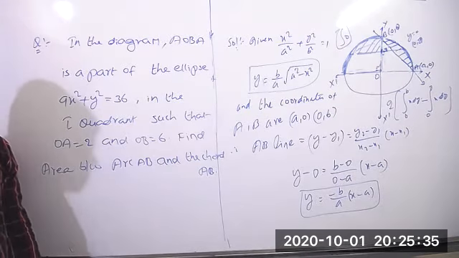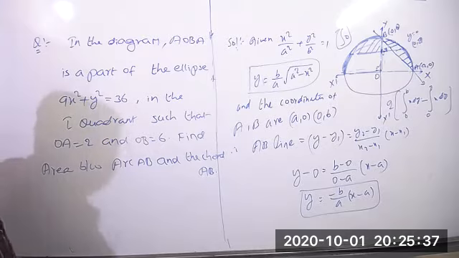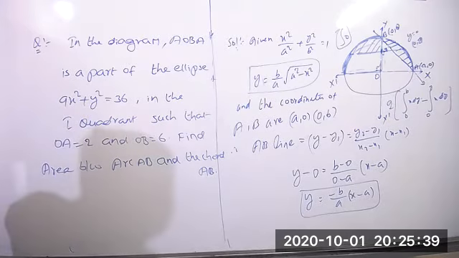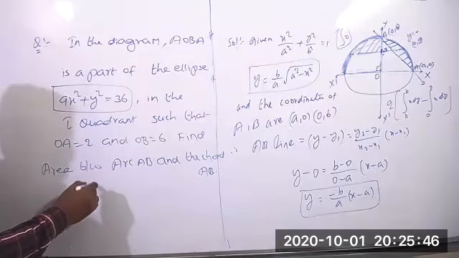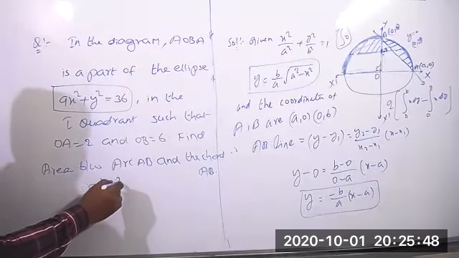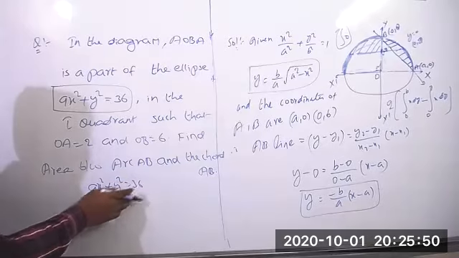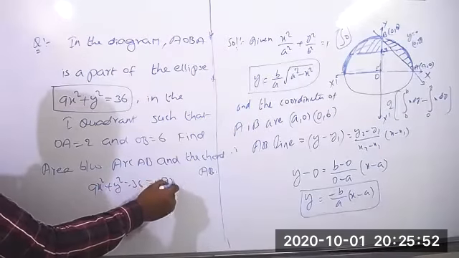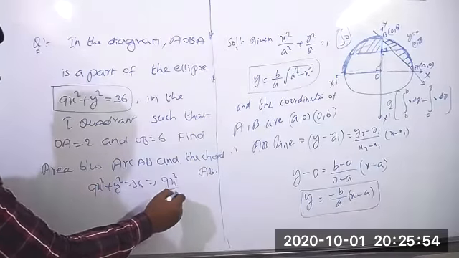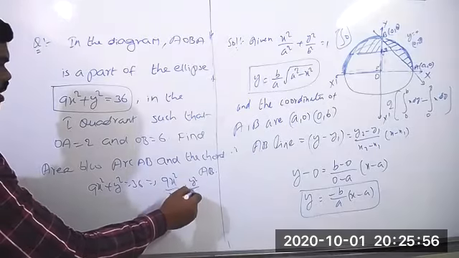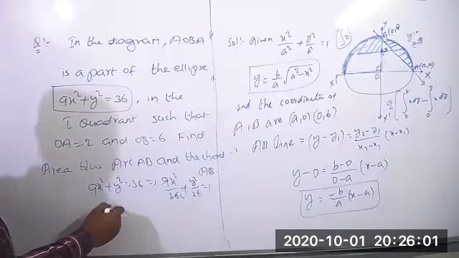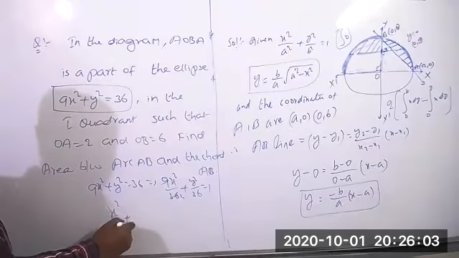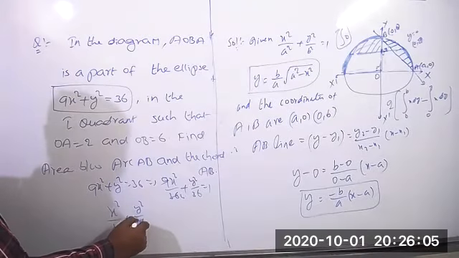And what is the ellipse equation? The ellipse equation is given here, and we have to change it. How to change this? 9x square plus y square equal to 36, and 36 should be on the right side. So 9x square by 36 plus y square by 36 equal to 1. 9 goes into 36 four times, so you can write clearly x square by 4 plus y square by 36 is equal to 1.